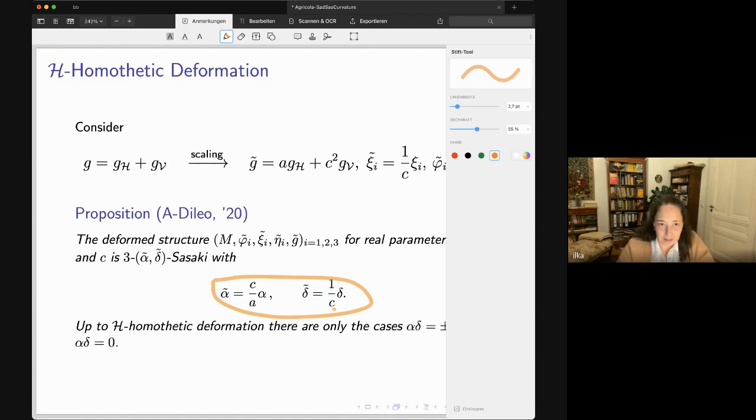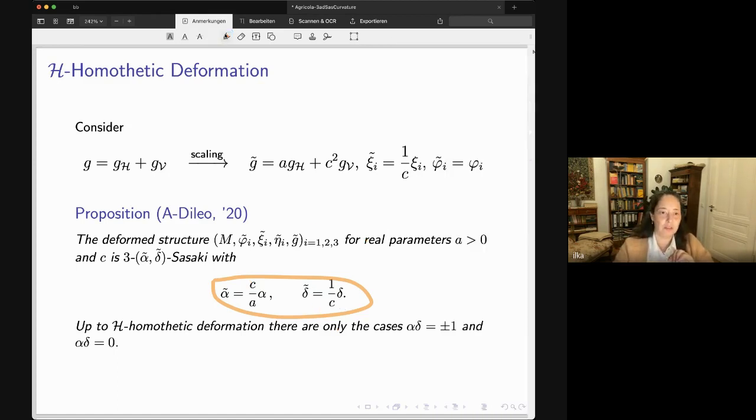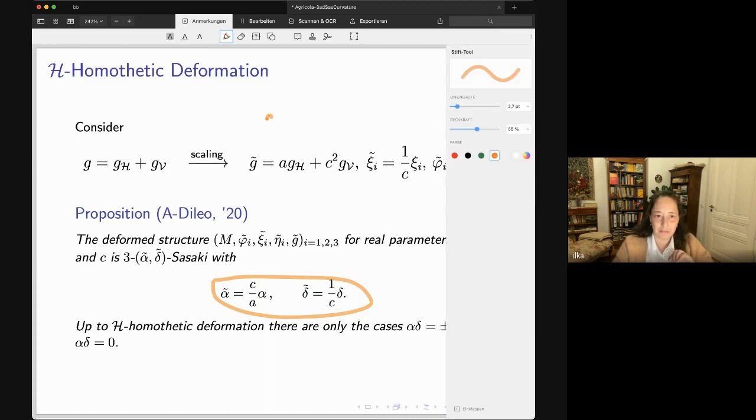But that means that the sign of the product alpha times delta is not changed because the C cancels out and the A. This was forgotten to be written somewhere, but A has to be positive.